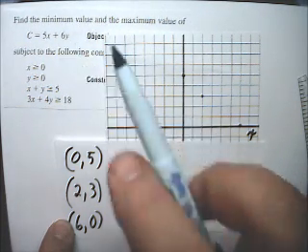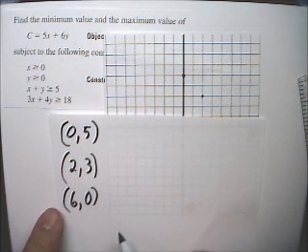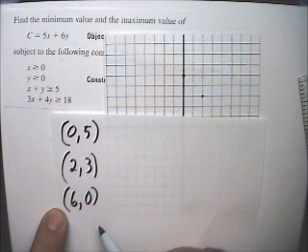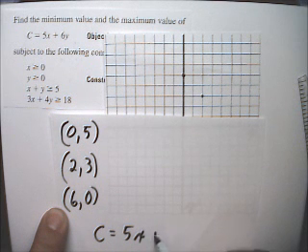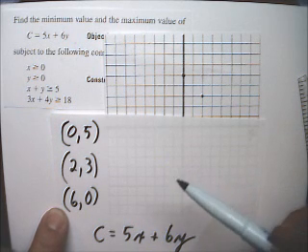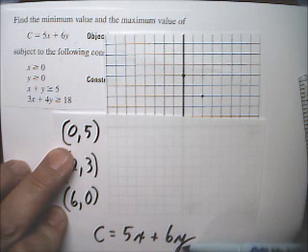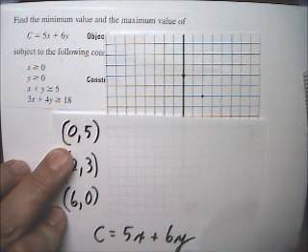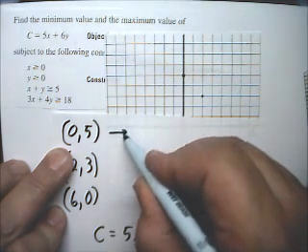We substitute them into the objective function. C is equal to 5x plus 6y. And when we put in the point 0, 5, this works out to 30, because this is 0 and that's 6 times 5. So this evaluates to 30.